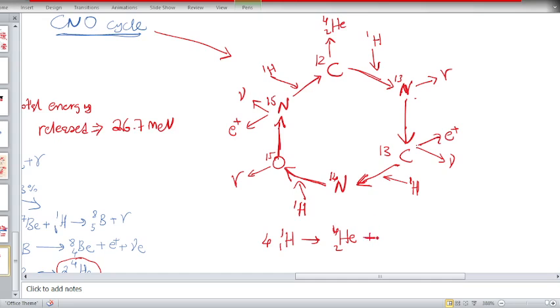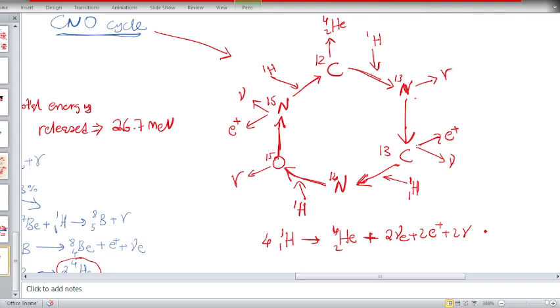Then 4 protons are used here, and helium 4, then 2 electron neutrinos plus 2 positrons, and gamma particles also. Two positrons, 2 electron neutrinos, and 2 gamma particles are there.